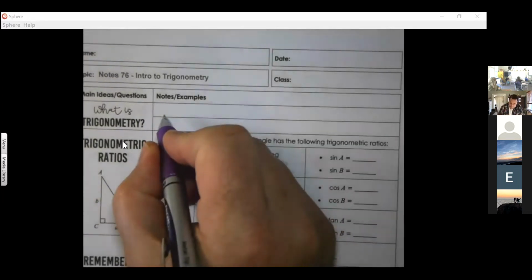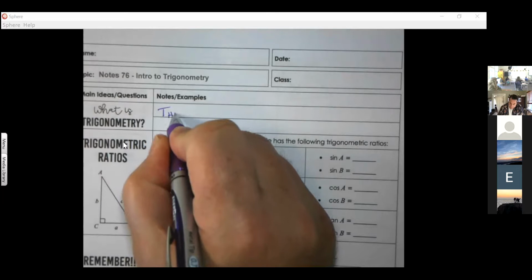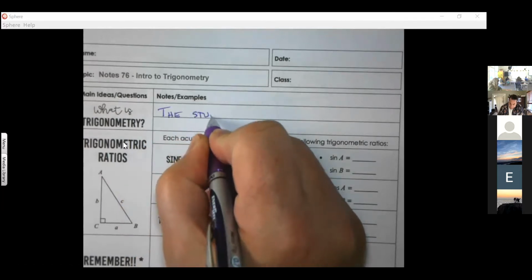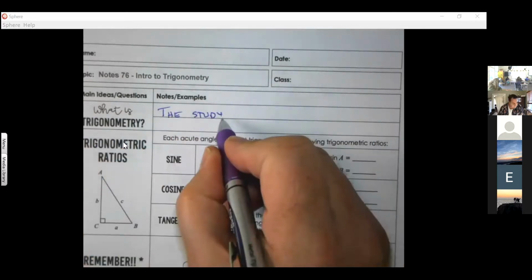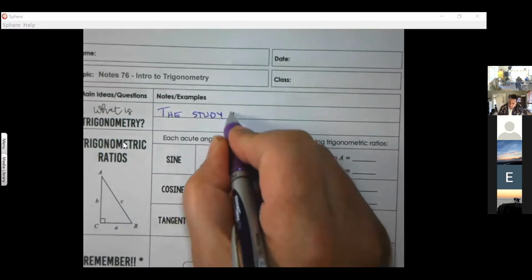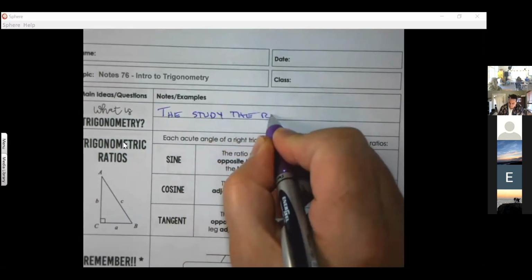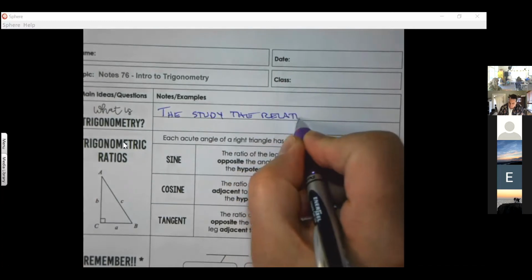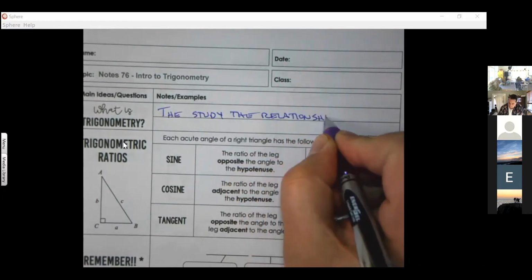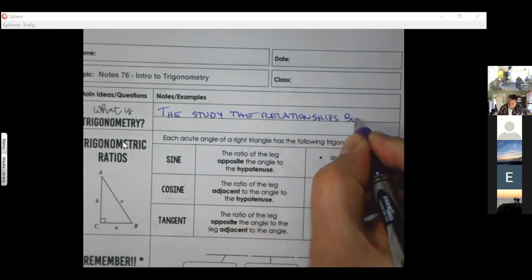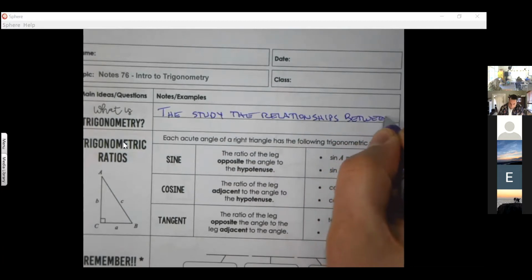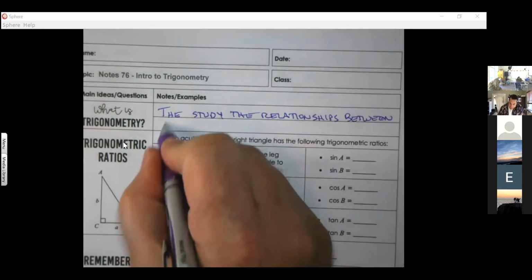So trigonometry is the study of geometry, the relationships between angles and sides in a triangle.